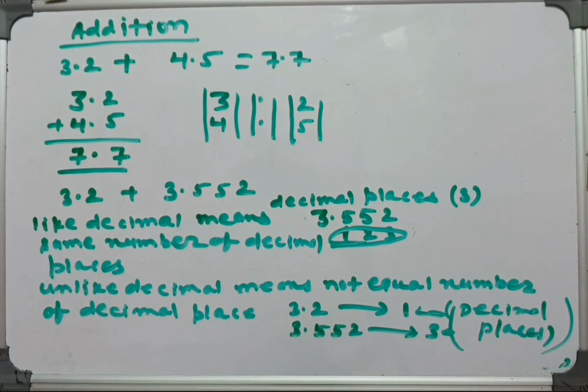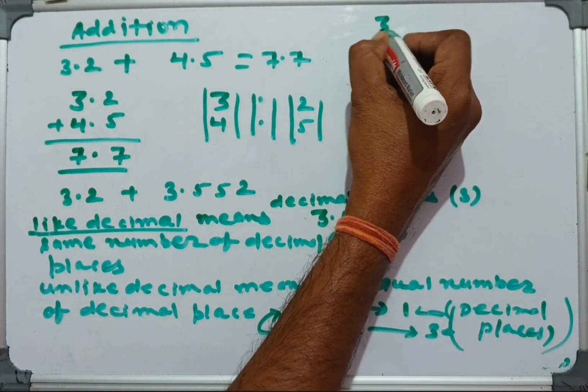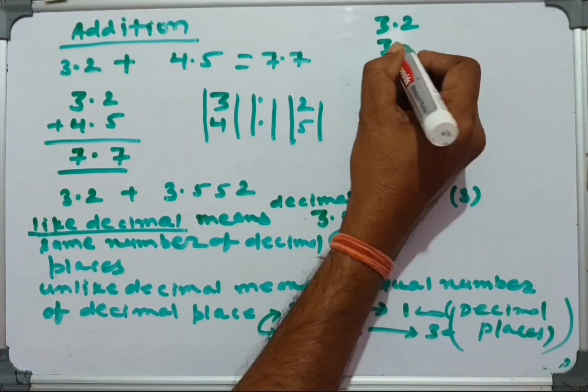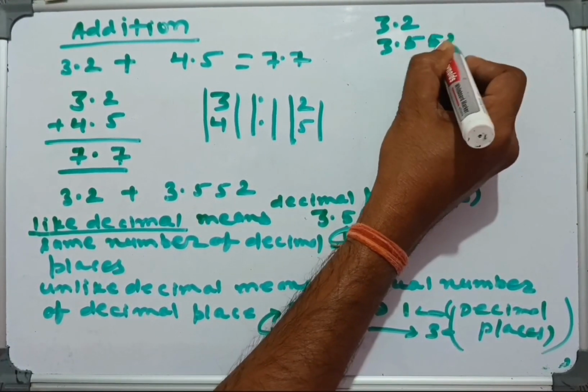So for addition, what shall we have to do? Now we shall make these two decimal numbers into like decimals. How will we make it? See here, 3.2 and 3.552.